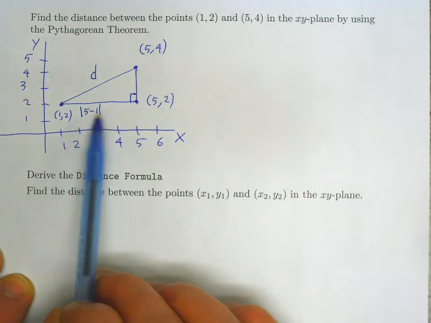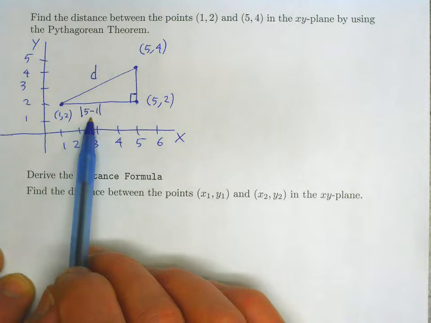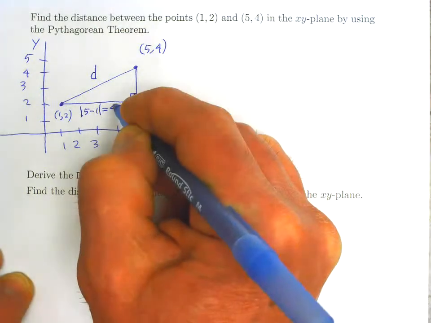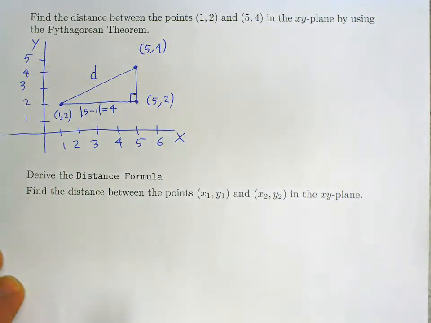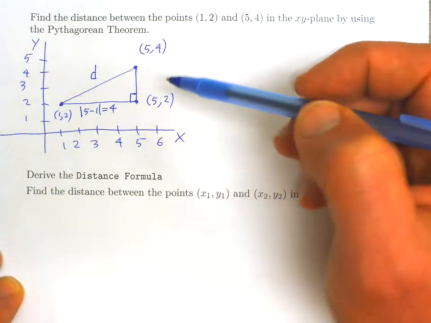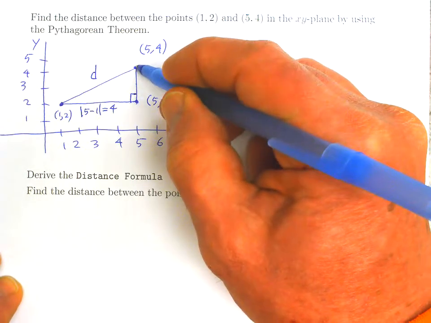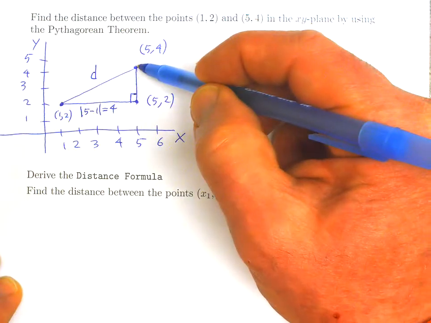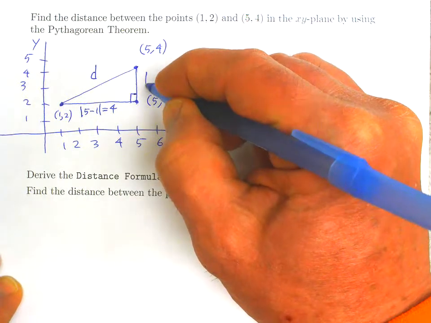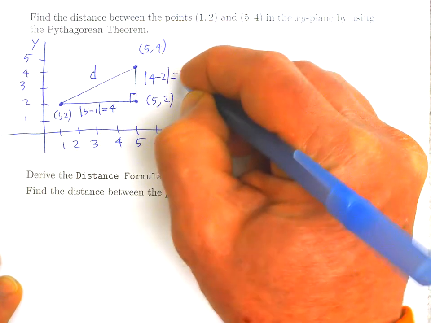And so the length of that horizontal side is the absolute value of the difference of the x coordinates. And then we can acknowledge that the absolute value of 5 minus 1 is 4. And then similarly, the vertical line segment, you can tell by looking that it's just 2 units. But using the y-coordinates of the 2 points, the length of that vertical line segment is the absolute value of 4 minus 2, which is 2.